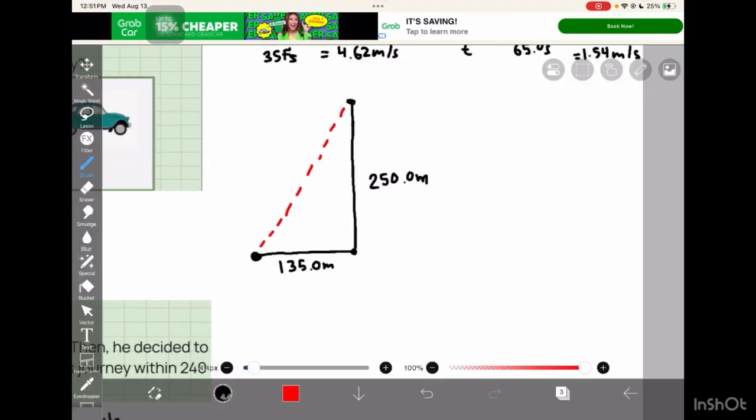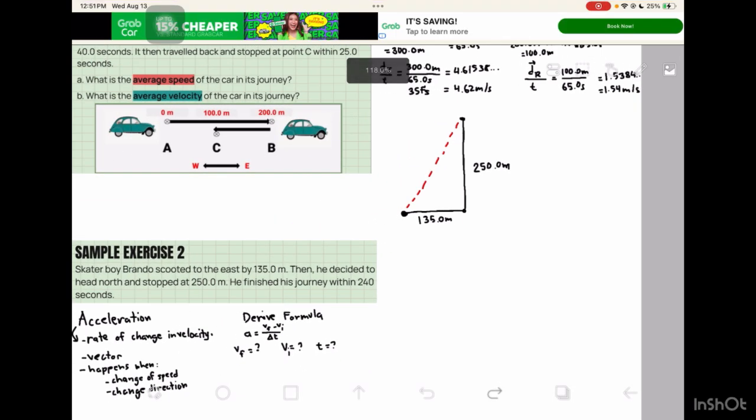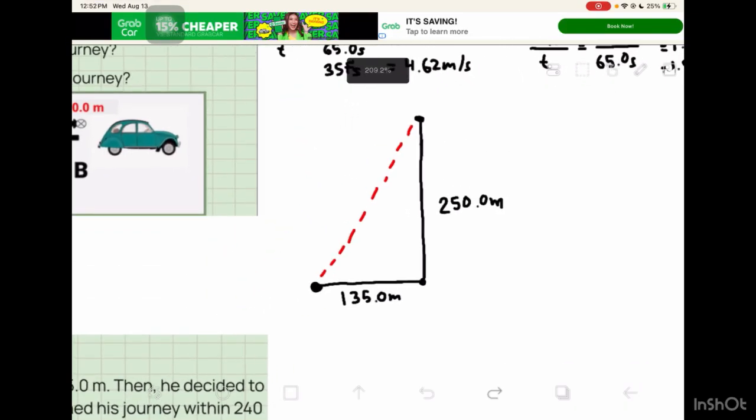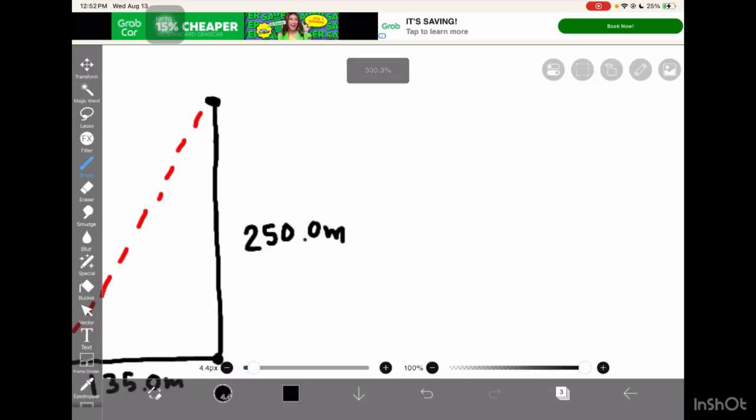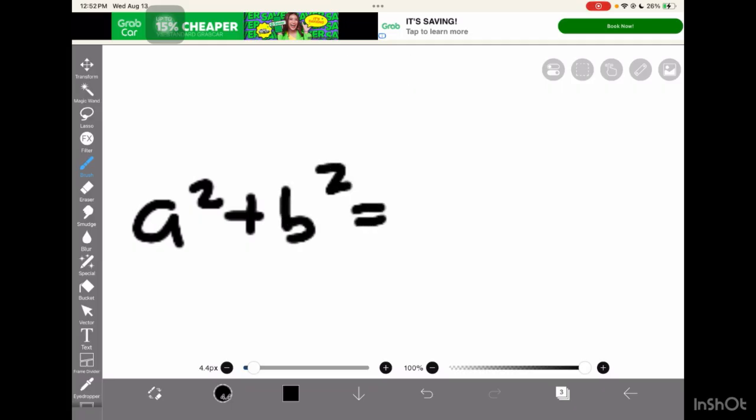And then we want to find the, what do you call this? Yeah, this red line. So to find it, we want to do a squared plus b squared is equal to c squared.